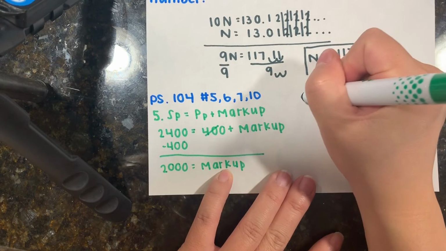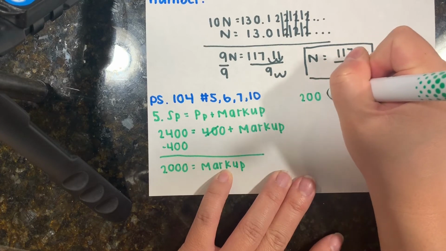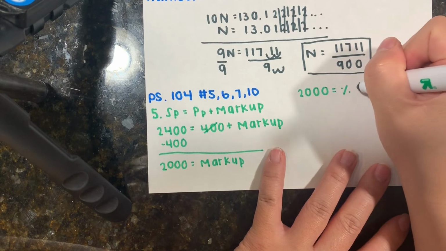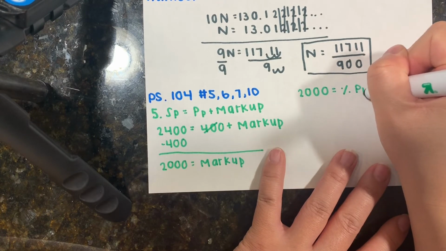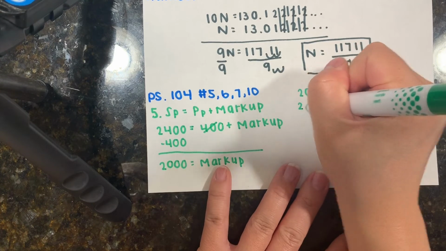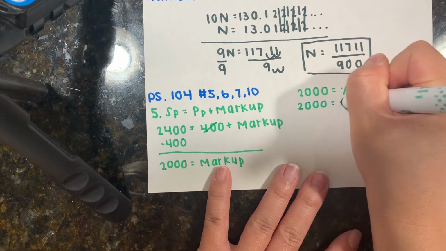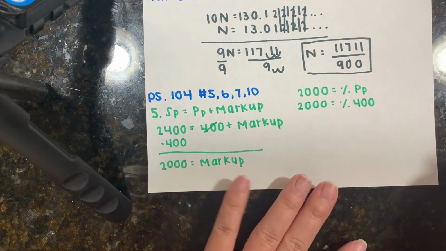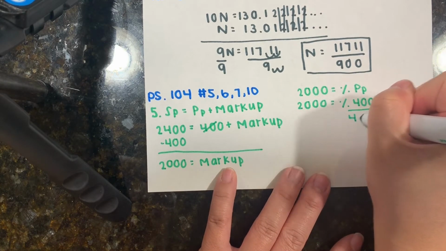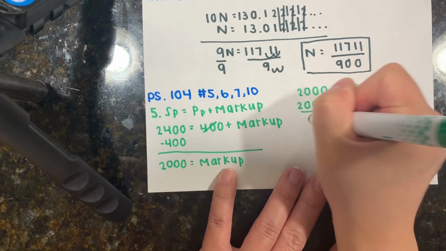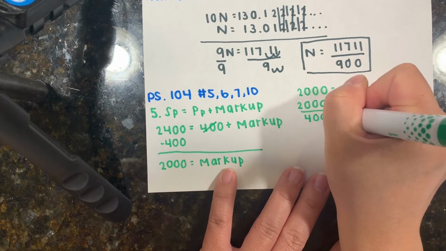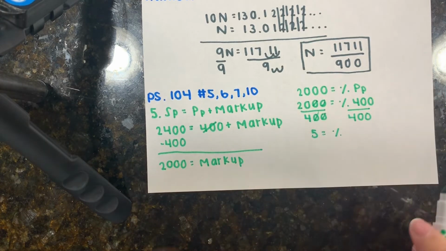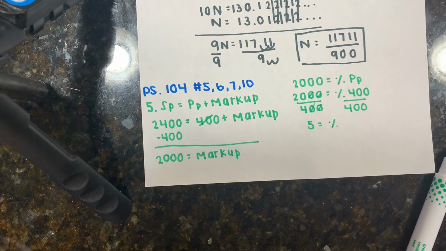So I'm going to change this to 2,000 is equal to percent of the purchase price. We know what the purchase price was. We know that that was 400. So when I divide both sides by 400, I get 5 equals the percent.